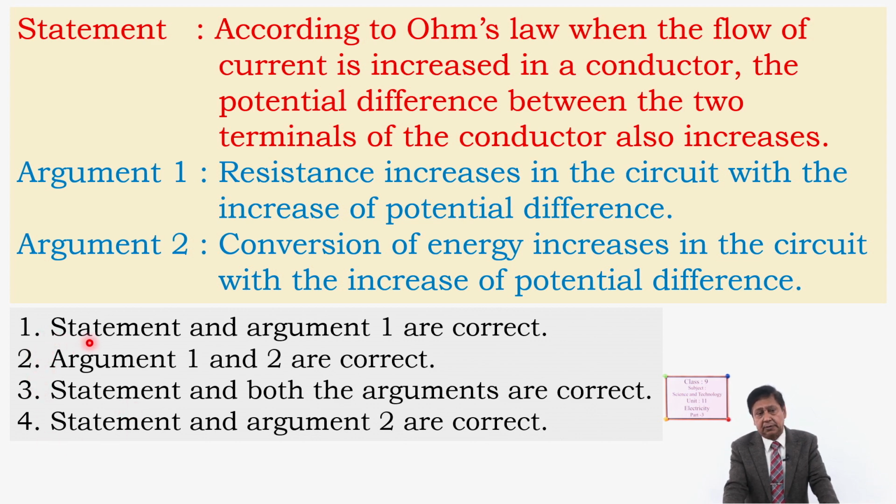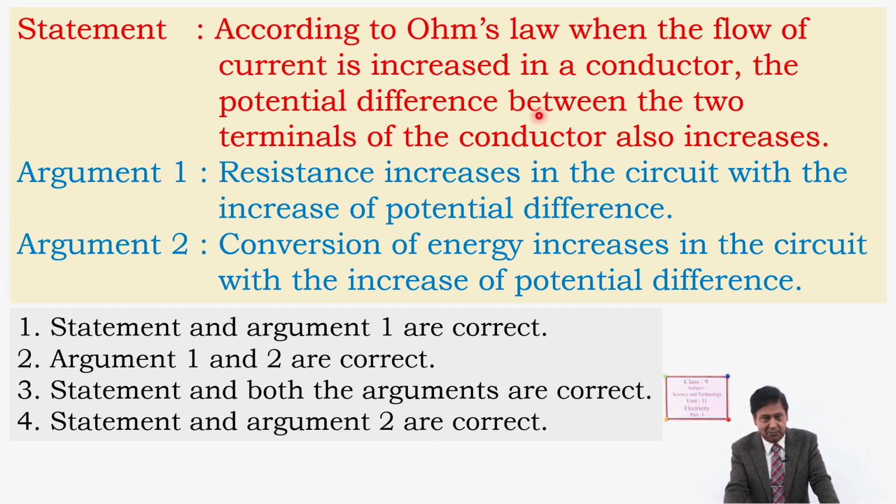In the first option, statement and argument 1 are correct is told. Let's check the statement. According to Ohm's law, when the flow of current is increased in a conductor, the potential difference between the two terminals of the conductor also increases.